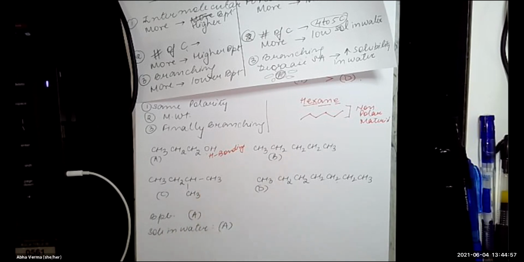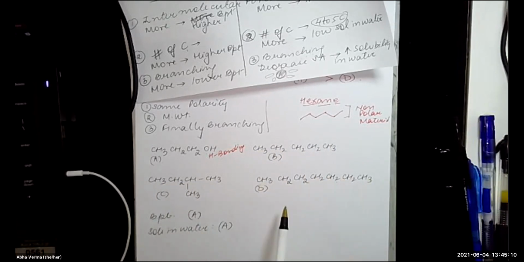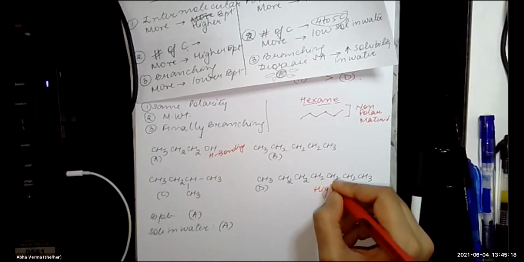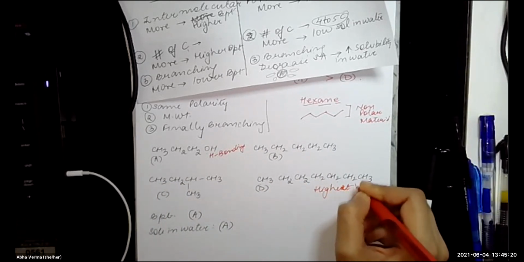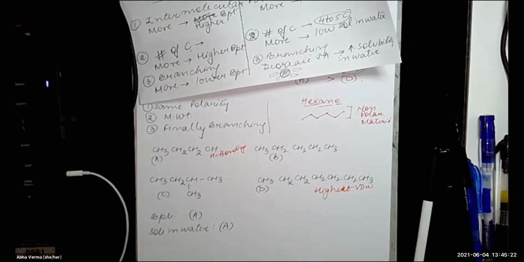Let's look at the others. Now their molecular weights are a little different. If I count how many carbons I have here: 1, 2, 3, 4, 5. 1, 2, 3, 4, 5. 1, 2, 3, 4, 5, 6, 7. So among all of these three, D has the highest van der Waals effect.